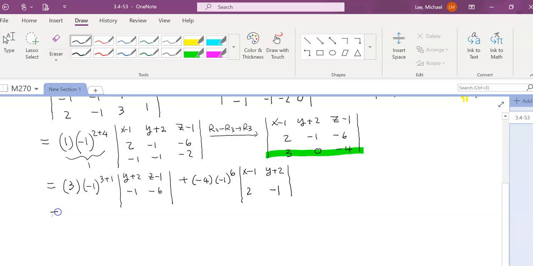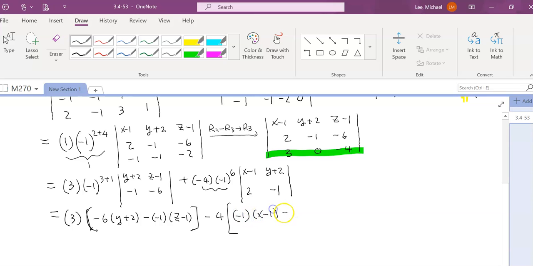So this is 3 times negative 6 times y plus 2 minus negative 1 times z minus 1. Let me put a bracket. And then this is simply negative 4 and then negative 1 times x minus 1 subtract twice of y plus 2. Okay.